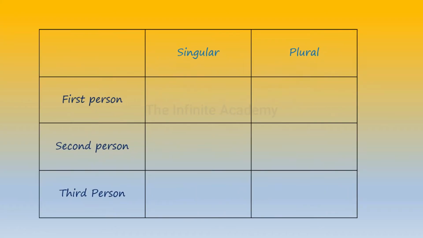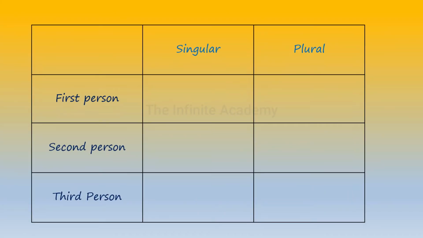If you have understood this, then I should be teaching you about the first, second and third person in singular and plural form. The first person is the person who is talking. The second person is the person to whom we are talking. And the third person is the person whom we are talking about.